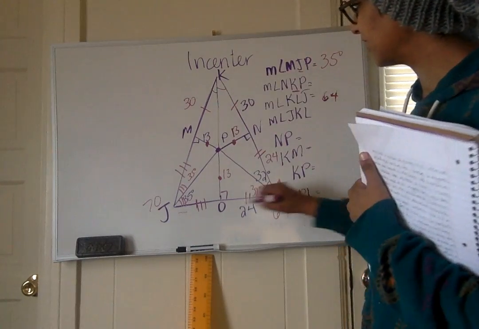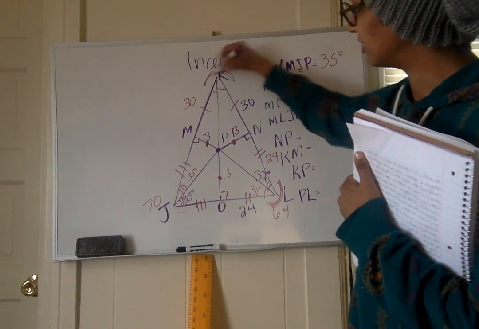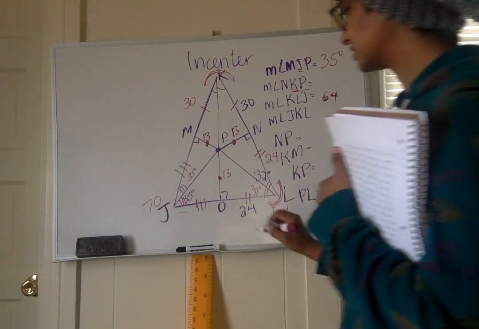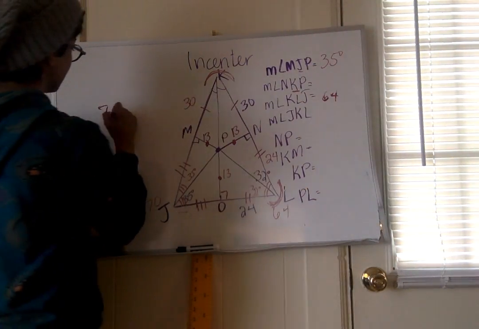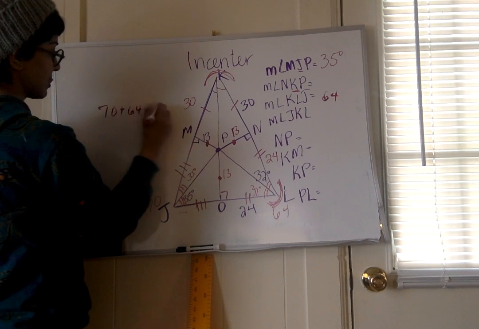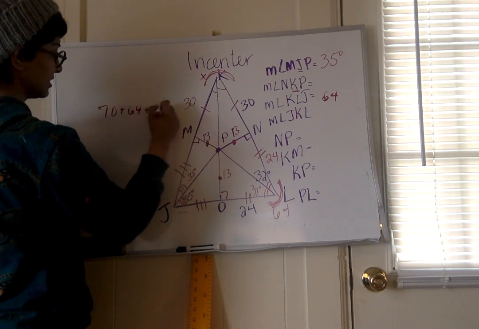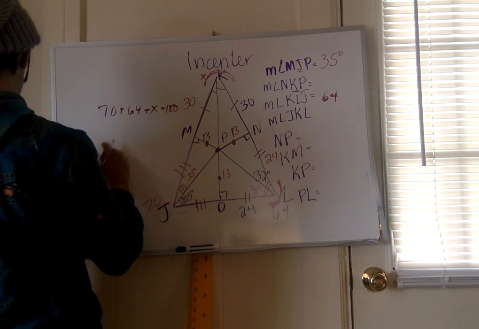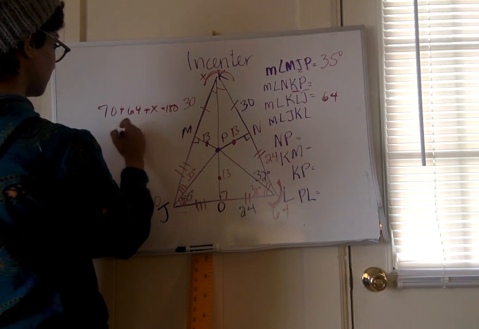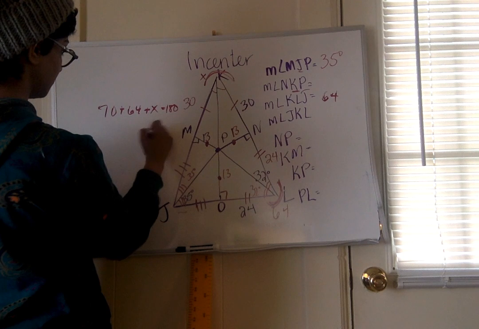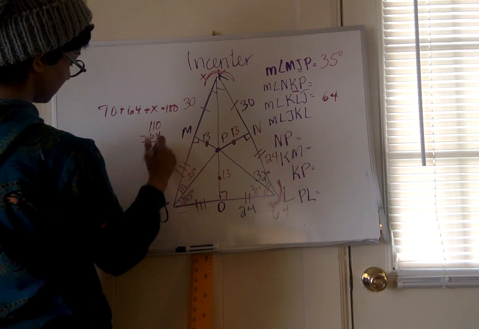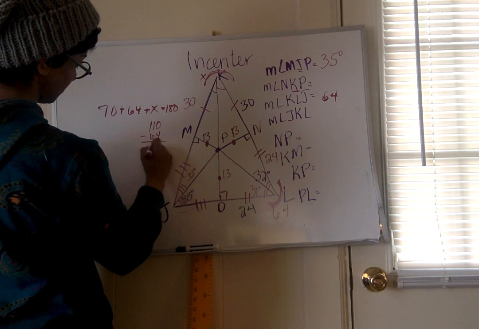And so I can find the whole thing up here by doing the triangle angle sum theorem. Okay, so 70 plus 64 plus that angle, let's call it x, equals 180. Okay, and that will give me 110 minus 64, 46.